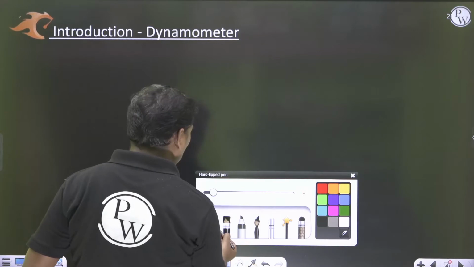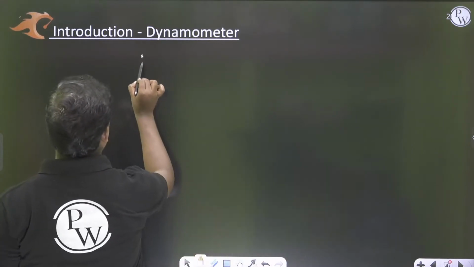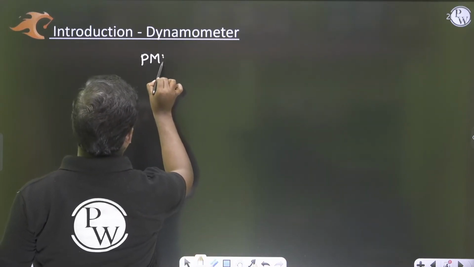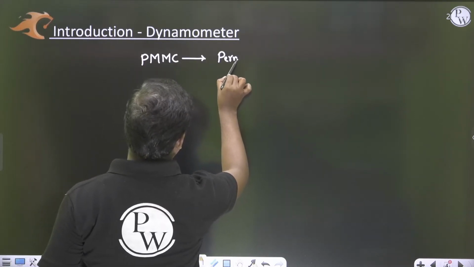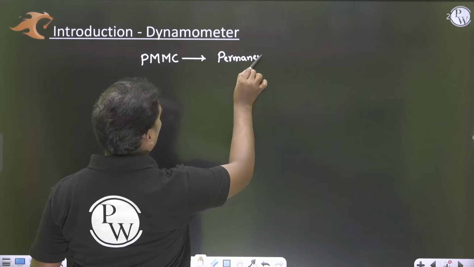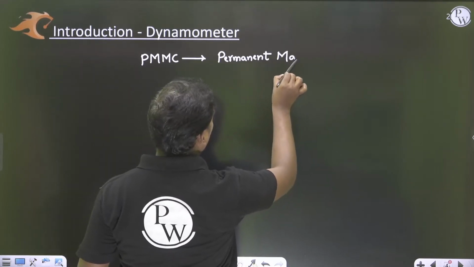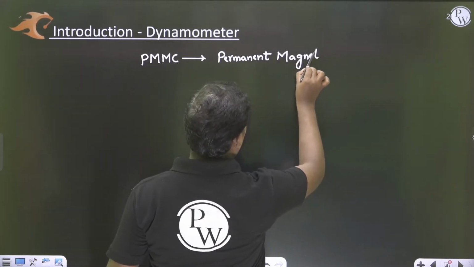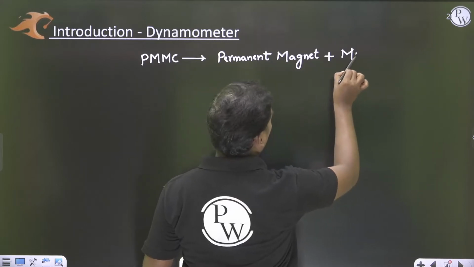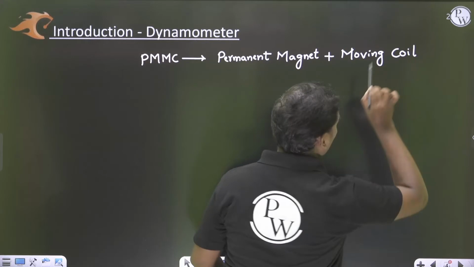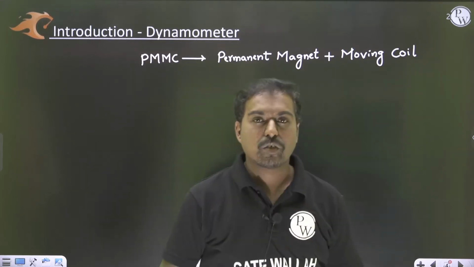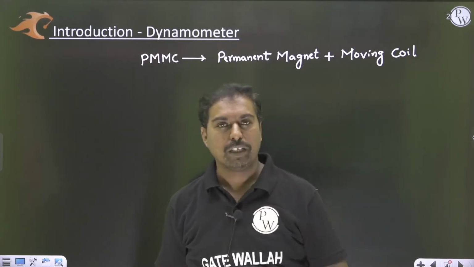Before starting the dynamometer, first let me write about some points about the PMMC. What is PMMC? PMMC stands for permanent magnet moving coil. There is a permanent magnet and there is a moving coil.